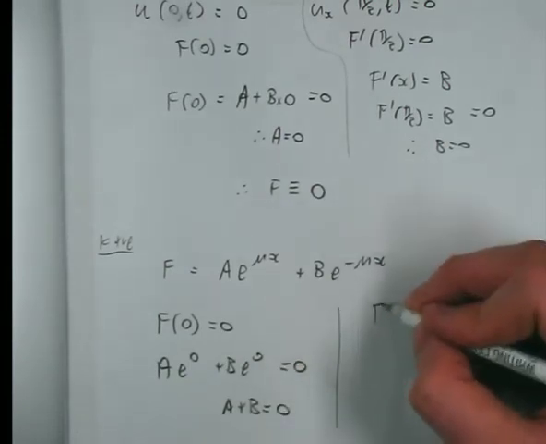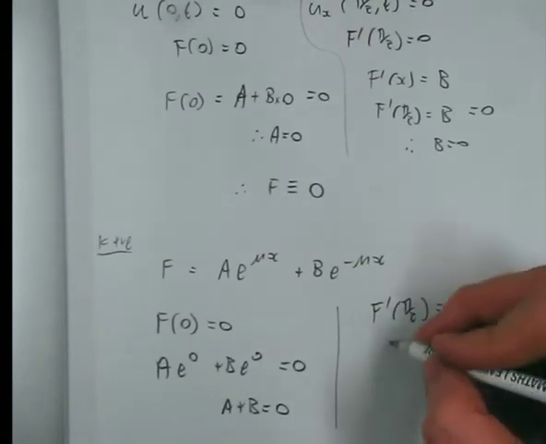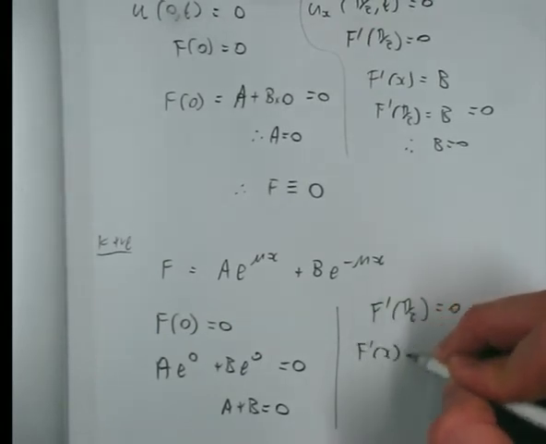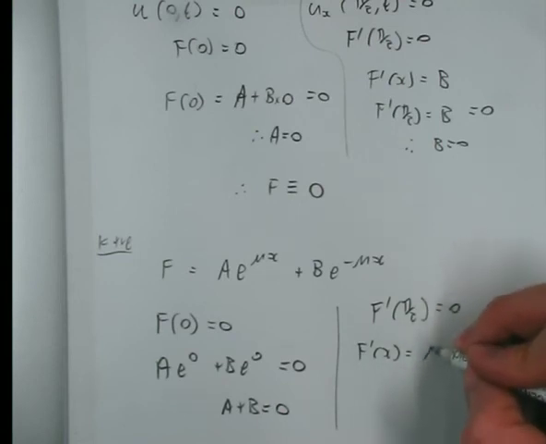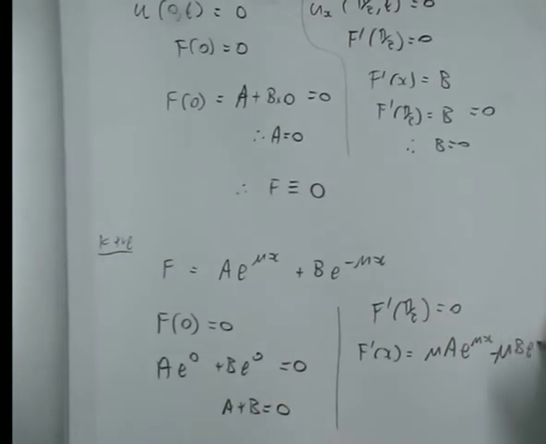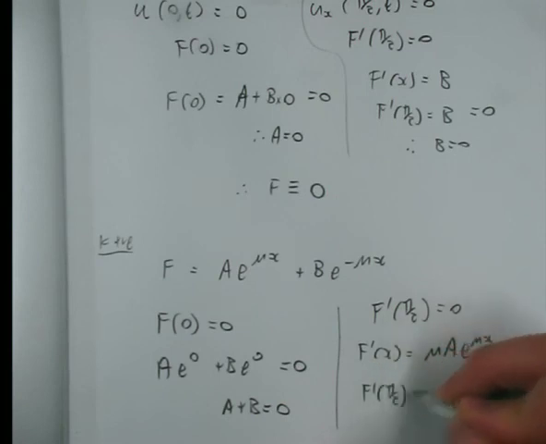And I also know that f dash of pi on 2 is 0, which means that I need to figure out what f dash is. F dash x is mu a e to the mu x minus mu b e to the minus mu x. And so f dash of pi on 2 is not pretty.